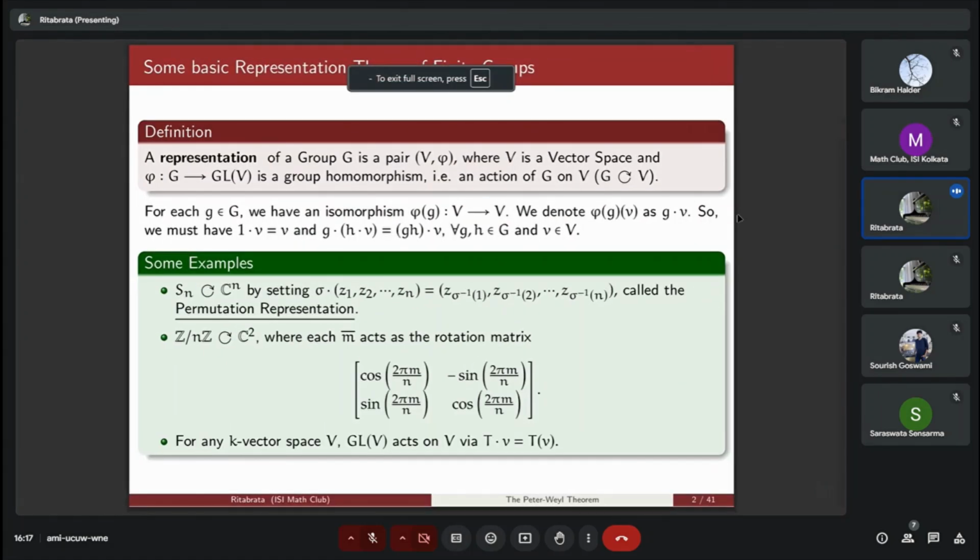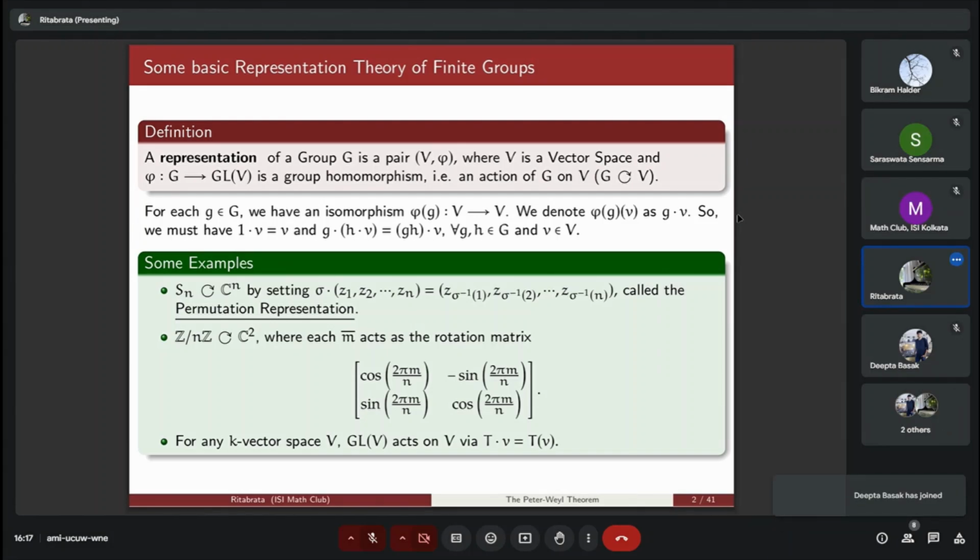The general motivation of representation theory is to study several objects by studying how they act on different objects. For example, by representation of a group, we mean a vector space together with the action of the group on it.